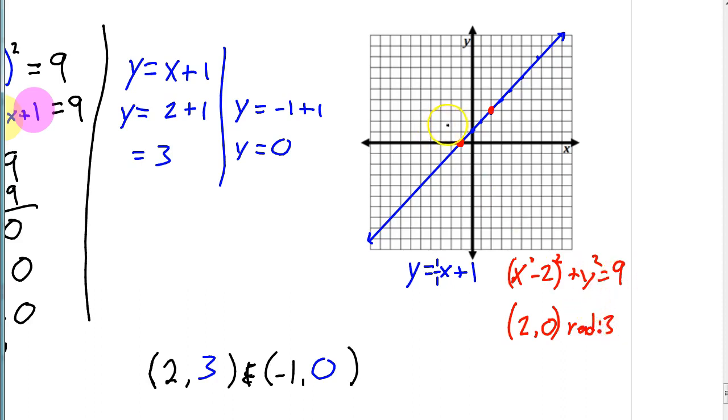Square root of 9 is 3. So starting at 2 comma 0 right here, if you go up 3, left 3, down 3, and right 3, right there is our circle. And it looks like our math was correct because they clearly intersect at the two coordinates that we found algebraically.